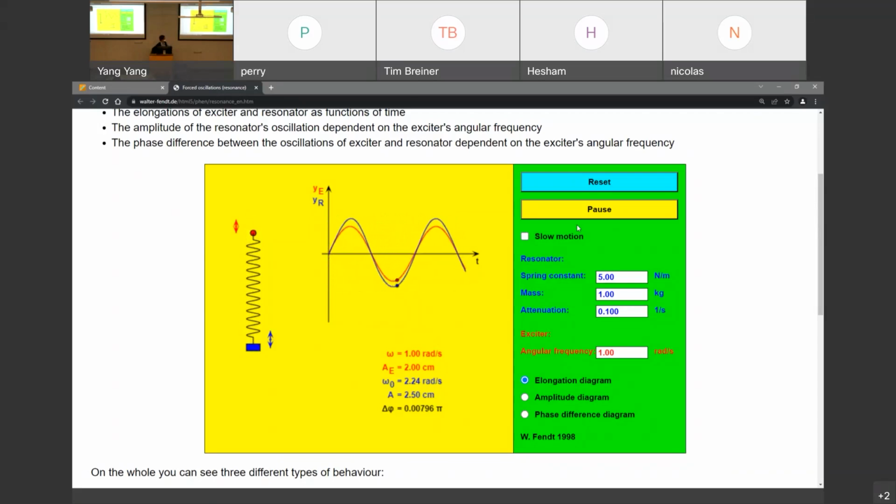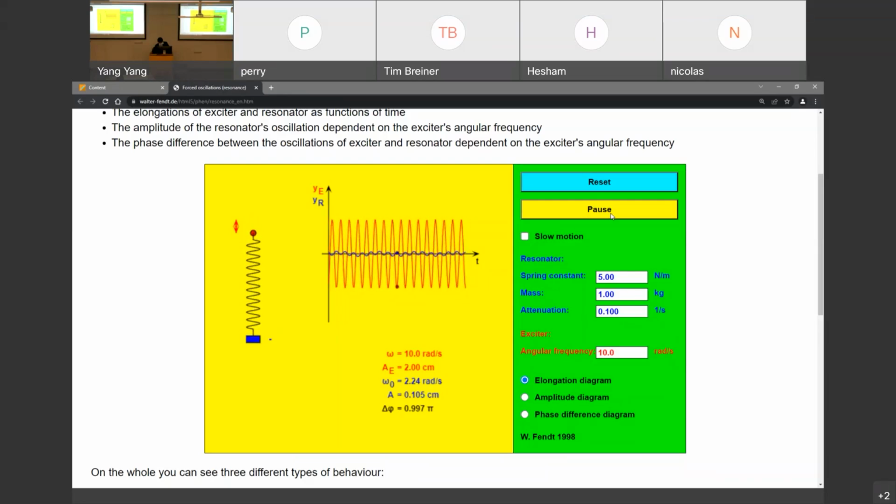So, satisfying. Yeah, so eventually we have a sine wave. So yeah, we can try another frequency here.